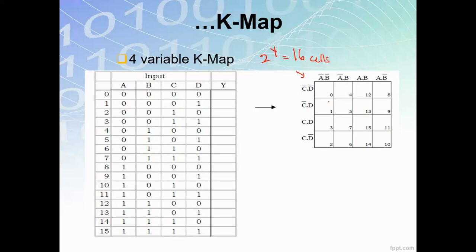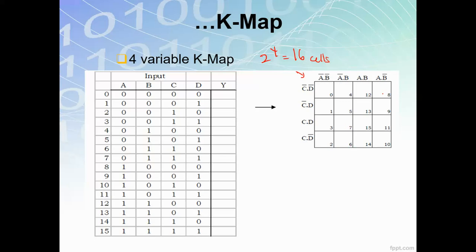And for the numbers of the cells, when you label them, we have 0, 1 in the first column. 2 will be at the fourth row, 3 will be at the third row, 4 in the second column, 5, 6 at the fourth row, and 7 will be at the third row.